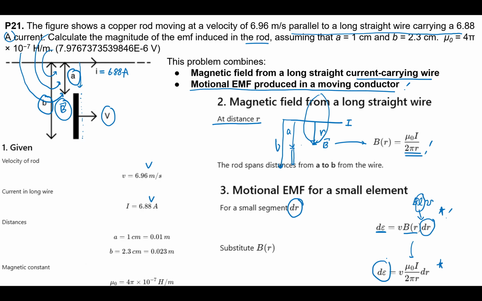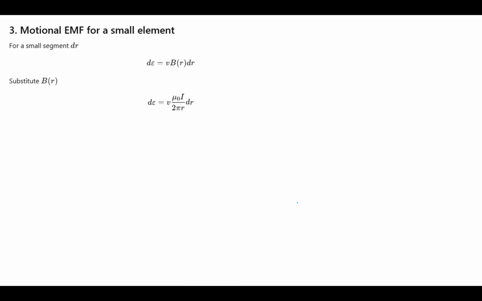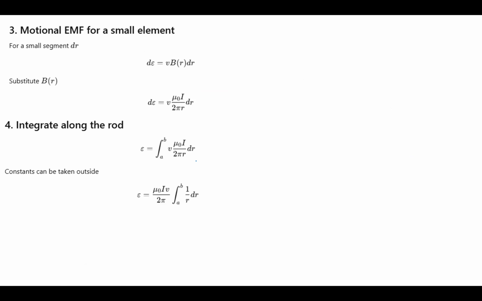And once we get this relationship, you can do the integral. Our electromotive force will be the integral from r equal to a to r equal to b. Okay, this will cover the rod.